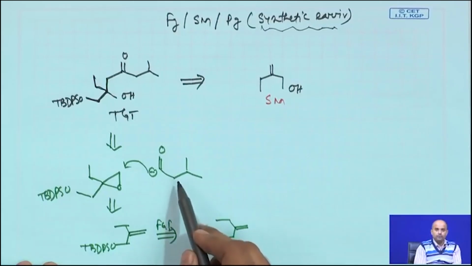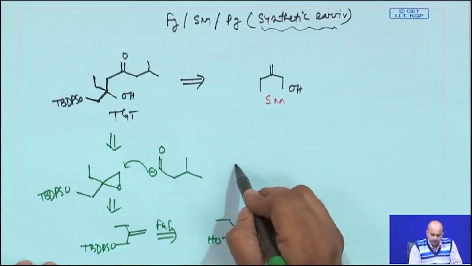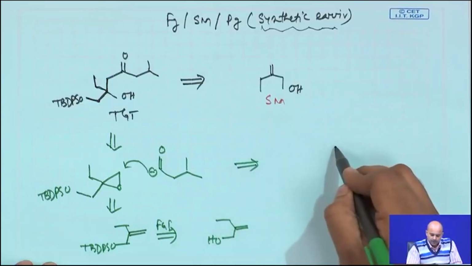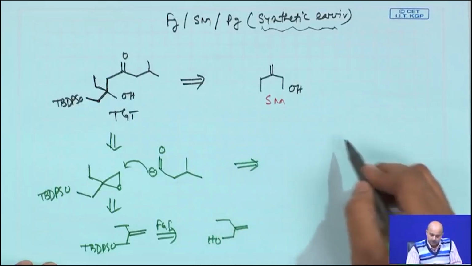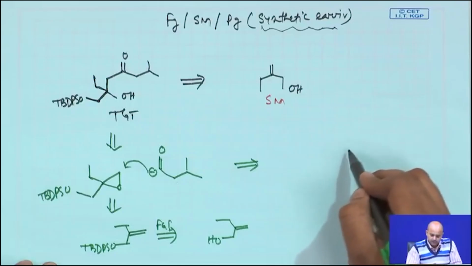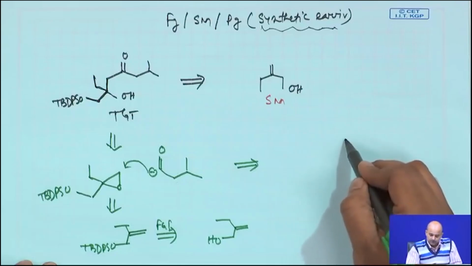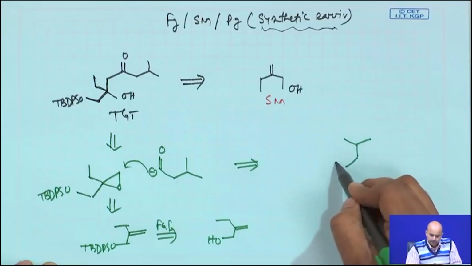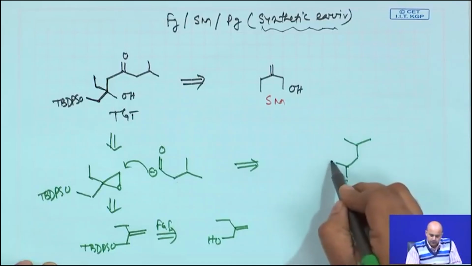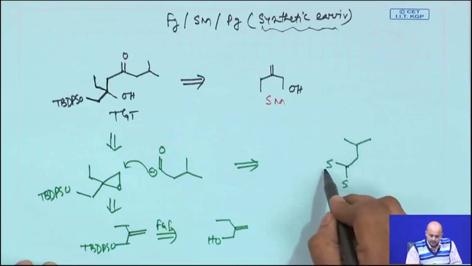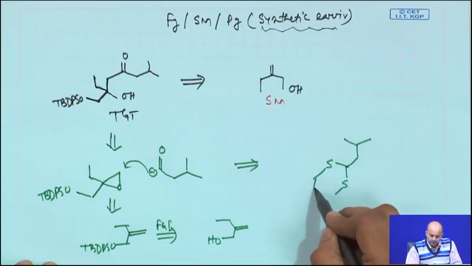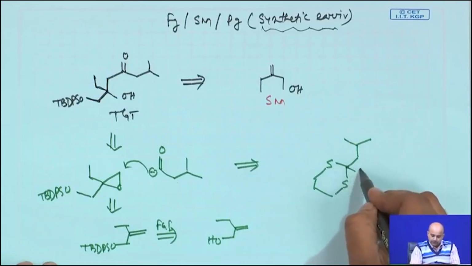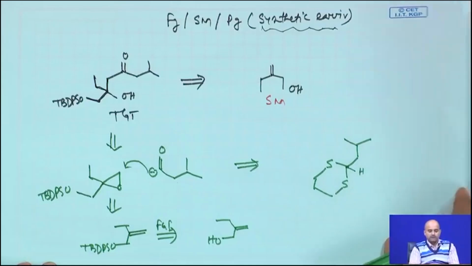Now, this anion you can create by a standard technique, and the best way is to take the corresponding 1,3-dithiane which we often explore for the corresponding anion chemistry. This part is the hydrogen which will be abstracted and will generate the anion.